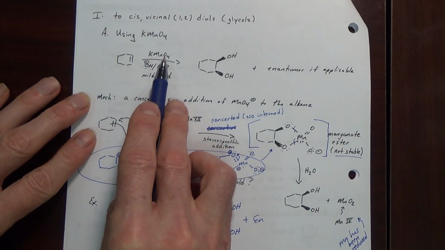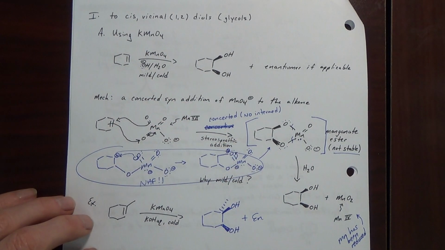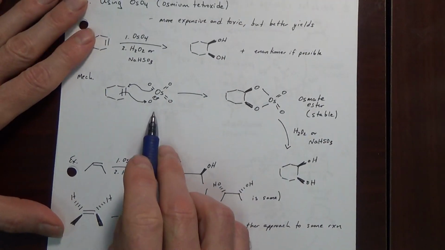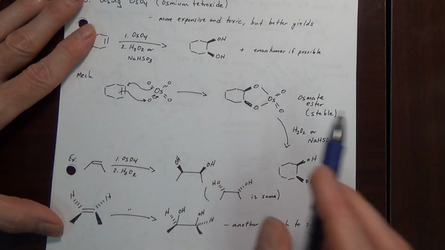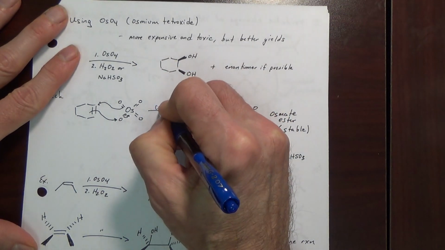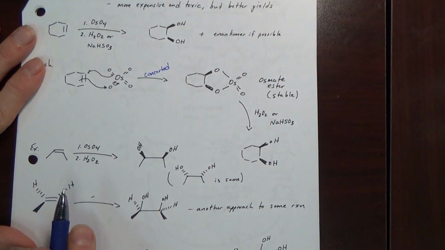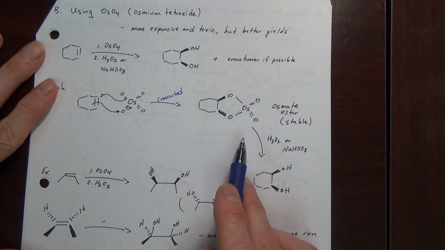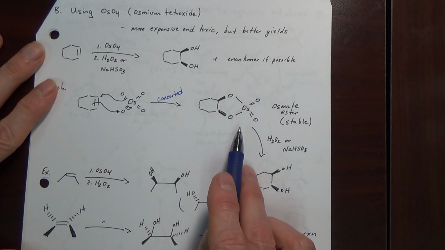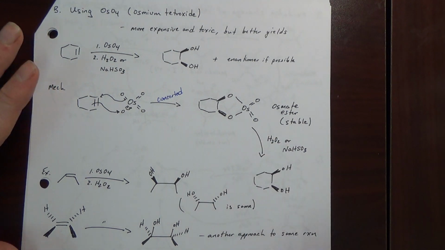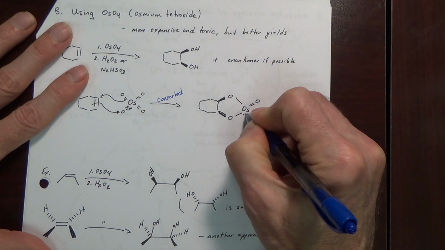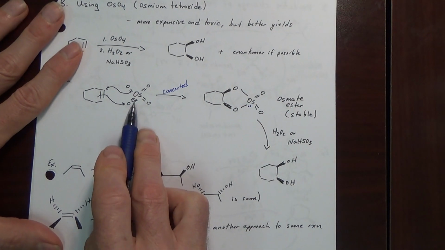MnO4 is an anion that needs a cation to go with it. Similar structure, but it's not an anion. Similar concerted mechanism. And that gives an osmate ester. There's a lone pair there, right? Comes from that arrow right there.